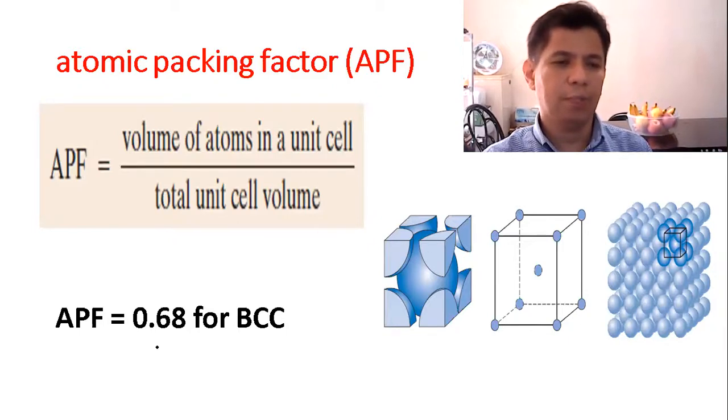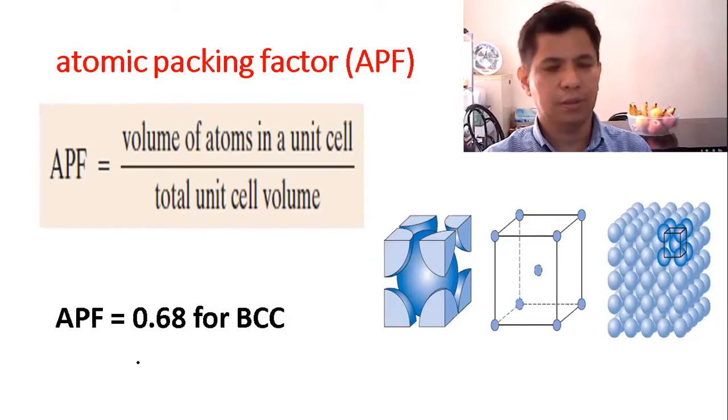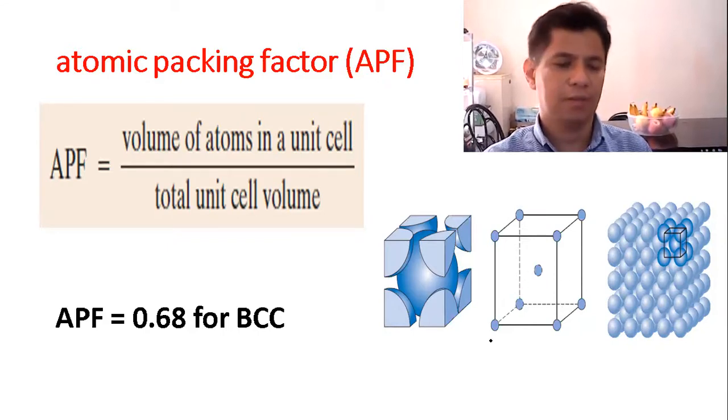Ang importante dito para mag-derive nyo to is, syempre, kailangan nyo rin yung radius drawing dito. So, tingnan nyo kung makikita nyo sa libro para mag-derive nyo itong 0.68 na to. I hope you understand what is the difference between an FCC and a BCC. Ito nasa loob yung central atom. Yung kanina, yung FCC nandito siya sa plane, sa face.